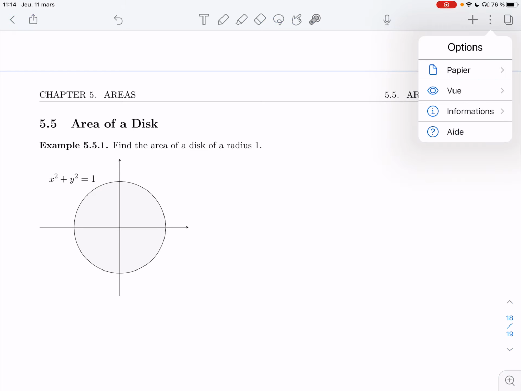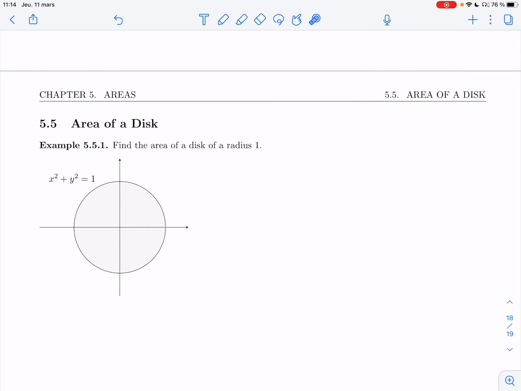The first step in either using horizontal or vertical slicing will be to isolate one of them. So I'm going to isolate y. Here, I'll get that y squared is 1 minus x squared, and so y is plus or minus root of 1 minus x squared. So I have two different curves.